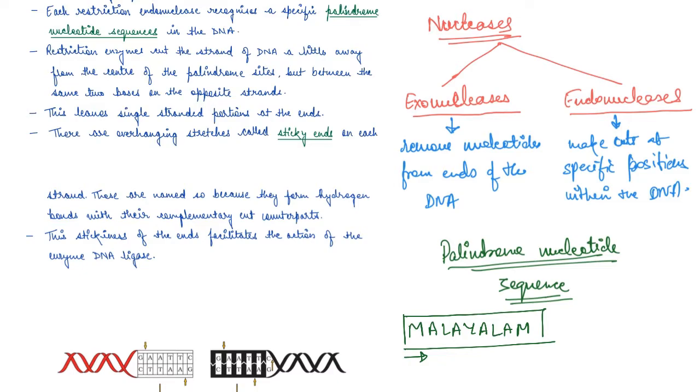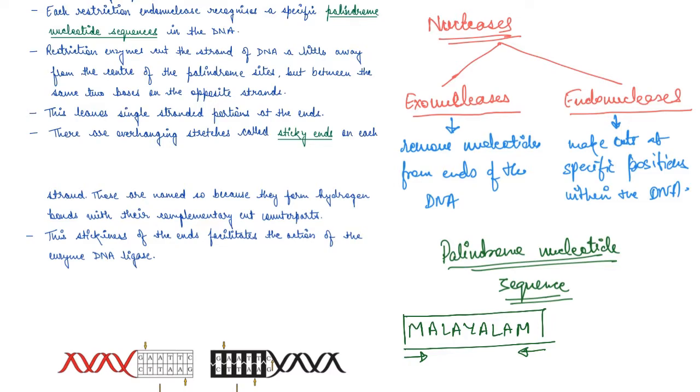Now, just try and read it backwards. It is again Malayalam. So say any word which you read either from the forward side or the backward side, if it comes out to be the same word, this word is known as a palindrome, right?